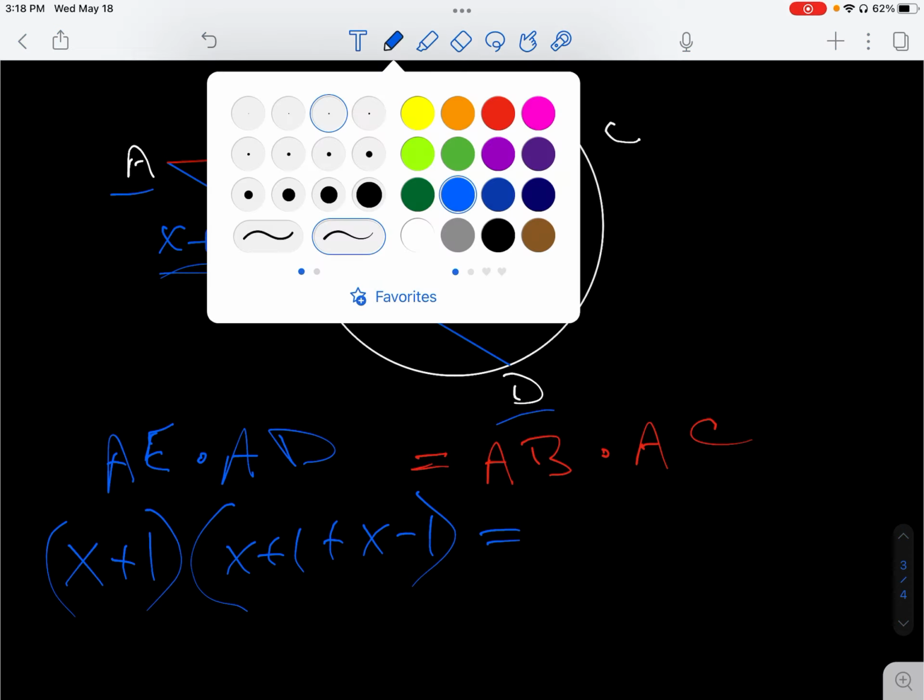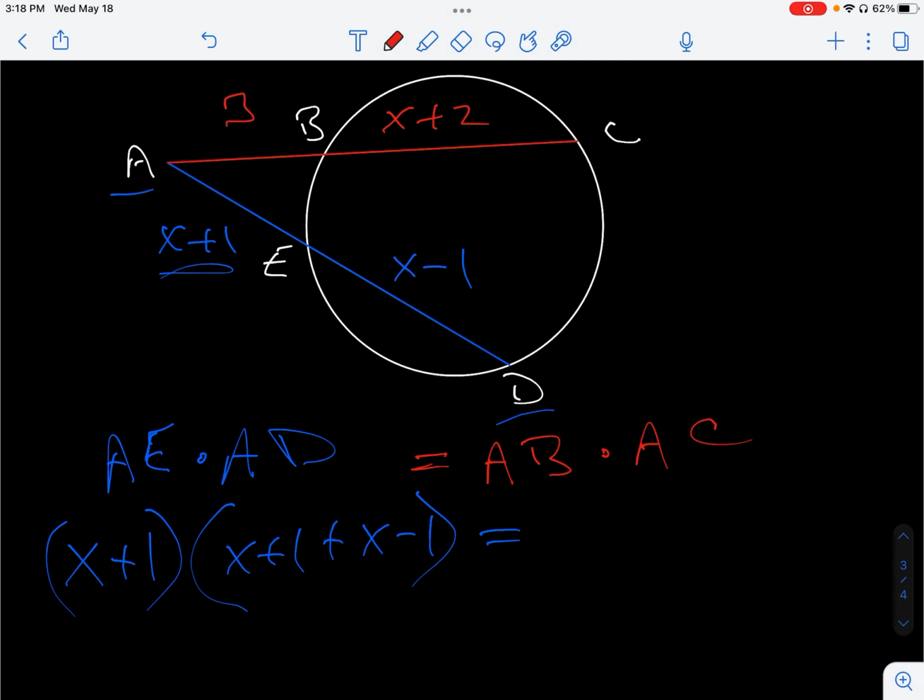And that's going to be equal to AB, which is 3, times AC, which is 3 plus x plus 2.